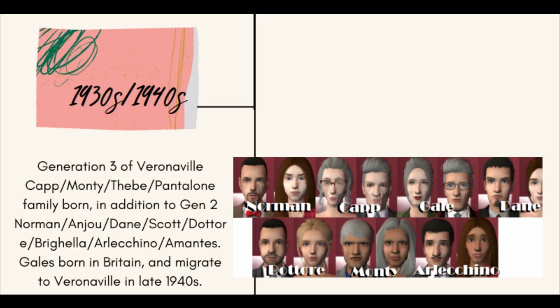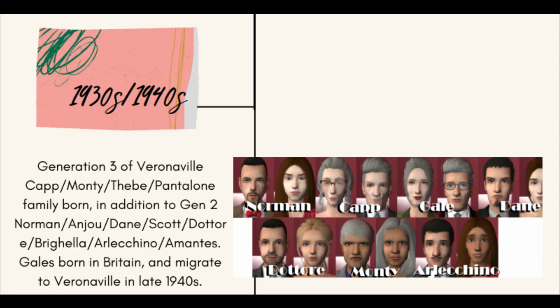And these would be the parents of the in-laws that are active in Veronaville when the game is played, they are the parents of the kids who will marry into the Monty or Cap families. And it is presumed that a lot of these people chose a side between the Montys and the Caps. And because they are the first generation born in Veronaville, they all pass away as adults too.